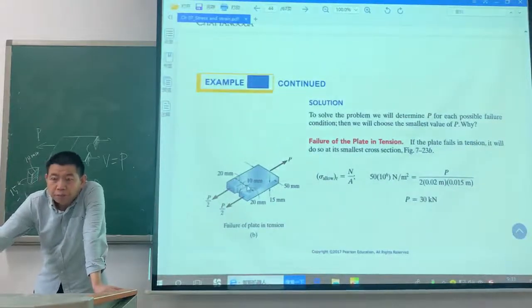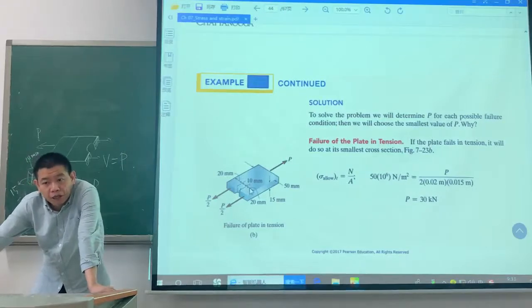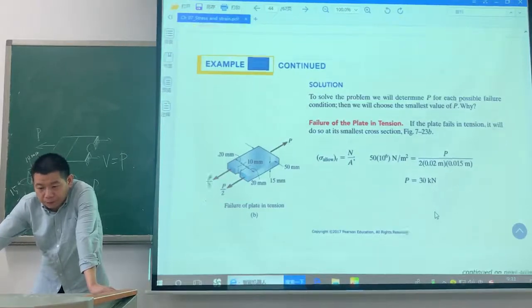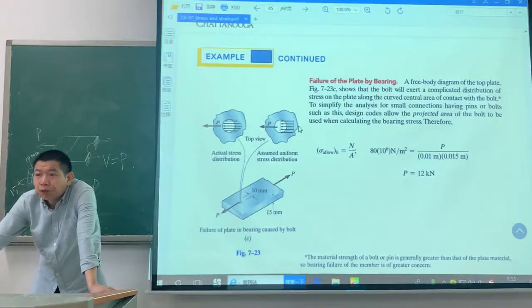So it means for the plate, if P is more than 30 kilonewton, the plate will be broken. For the bolt, if P is more than 12 kilonewton, the bolt will be broken because of the shearing stress.